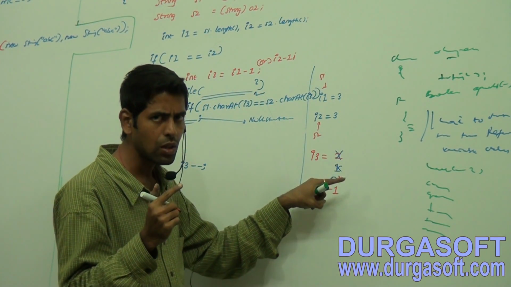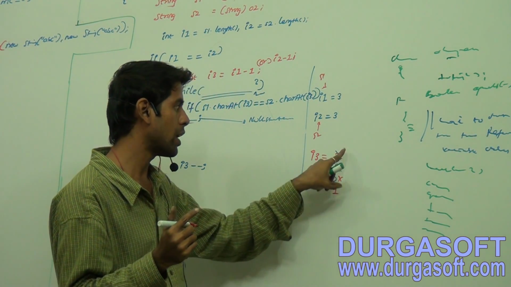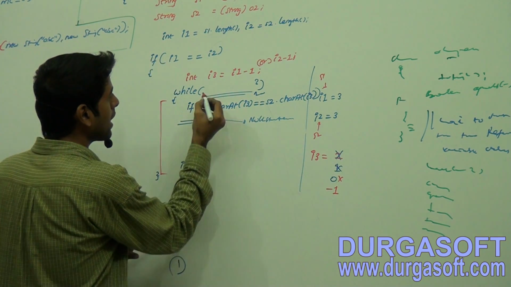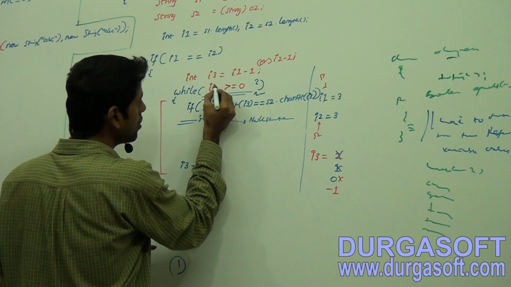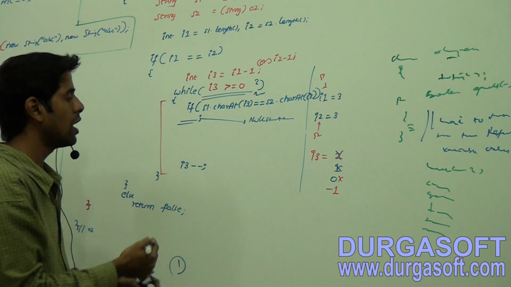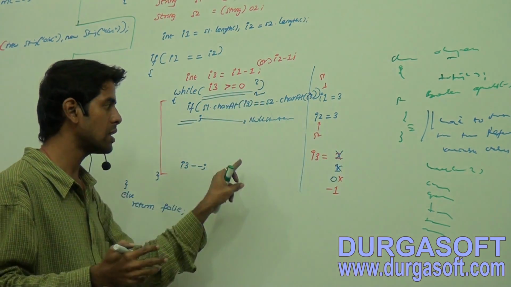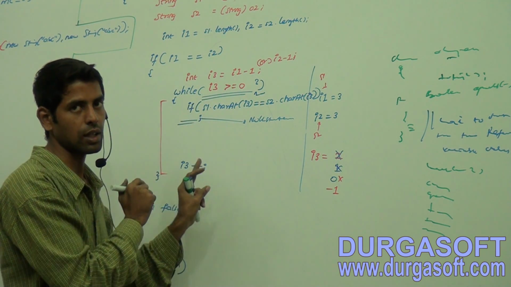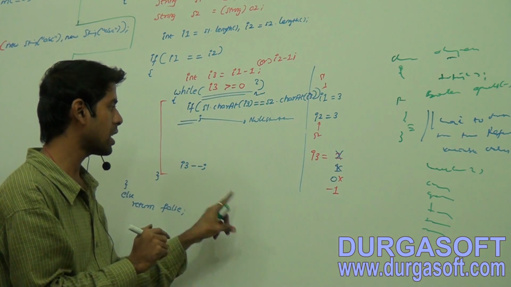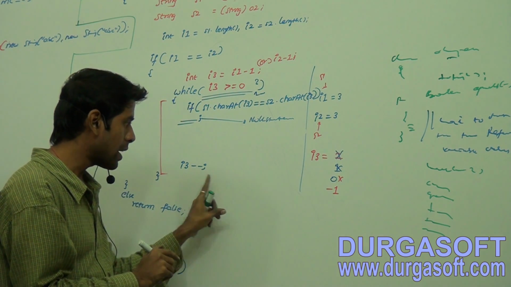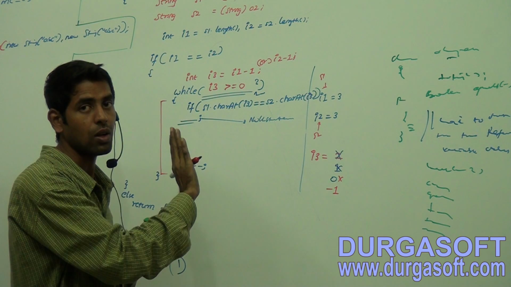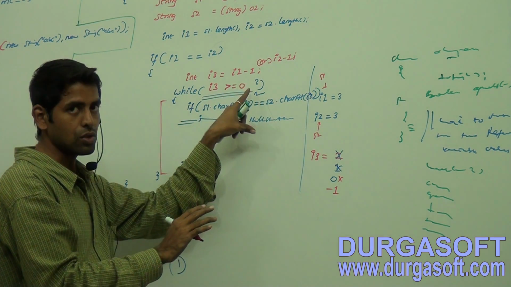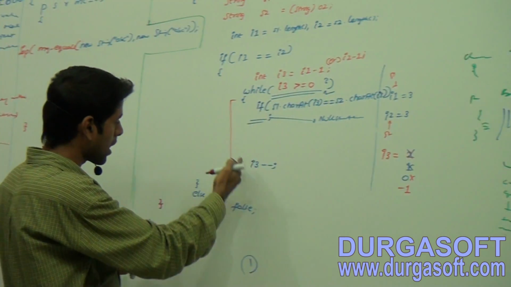So the i3 value should be greater than or equal to 0. Execute this code. At 2, execute these statements. At 1, execute these statements. At 0, execute. When the i3 value is -1, it is not greater than or equal to 0, so it comes out of the while loop.